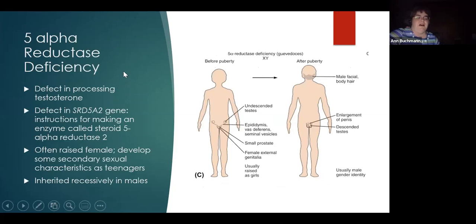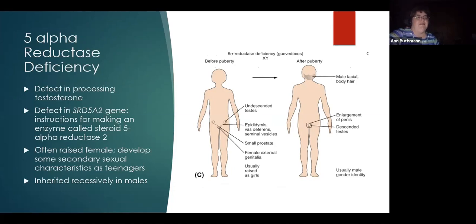Another form of intersex is 5-alpha reductase deficiency. And 5-alpha reductase is an enzyme that processes testosterone. So it's a defect in this particular gene, which makes the enzyme that allows testosterone to be converted to its active form. These individuals are going to be XY, but they will look like females.